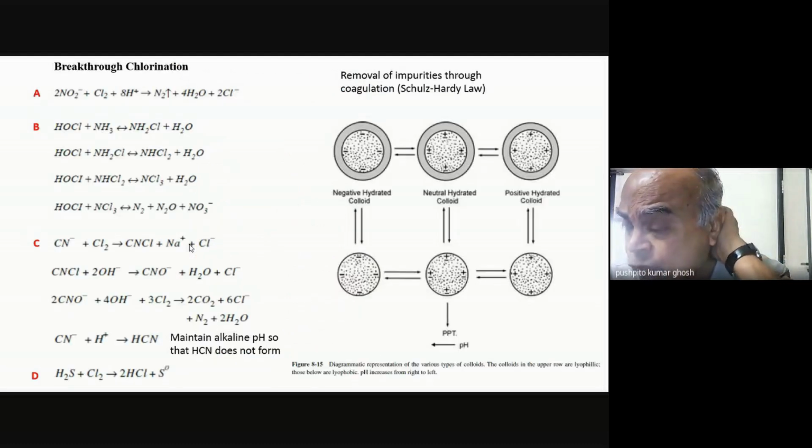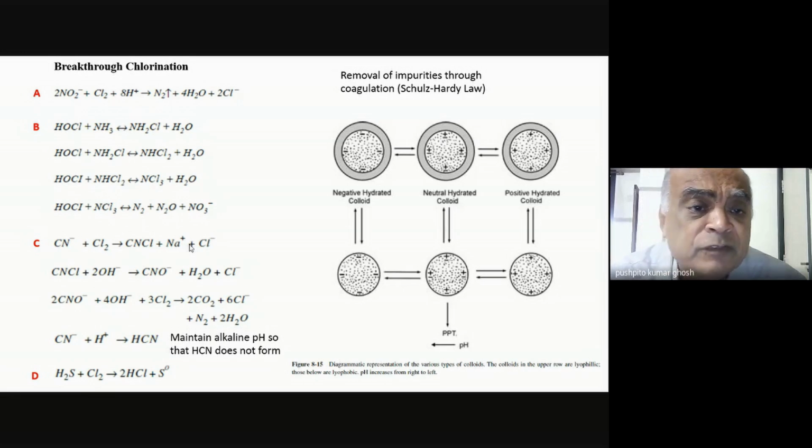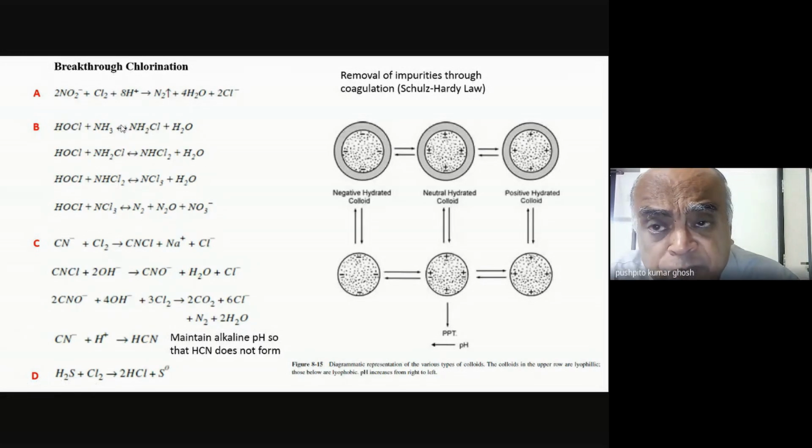Okay, let's look at the second approach, which is converting something into an insoluble gas. Say, for example, suppose I've got ammonia. Ammonia is very, very toxic. For example, in a lot of these shrimp farms there is a huge amount of ammonia.